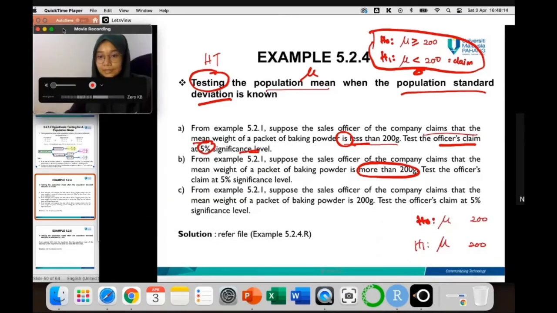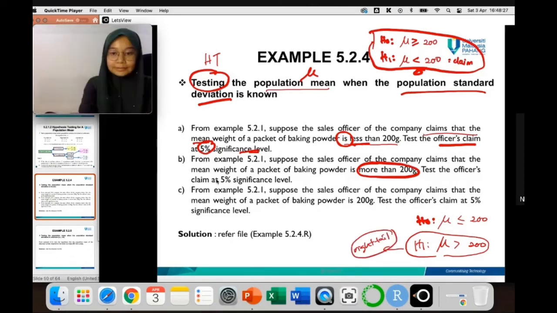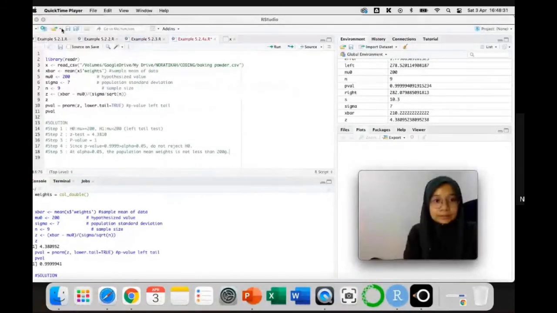Ni less than. So, kalau dia sini more than, dia adalah right tail. So, macam mana kalau kita nak conduct right tail pula? So, buka sini. 5.2.4b.